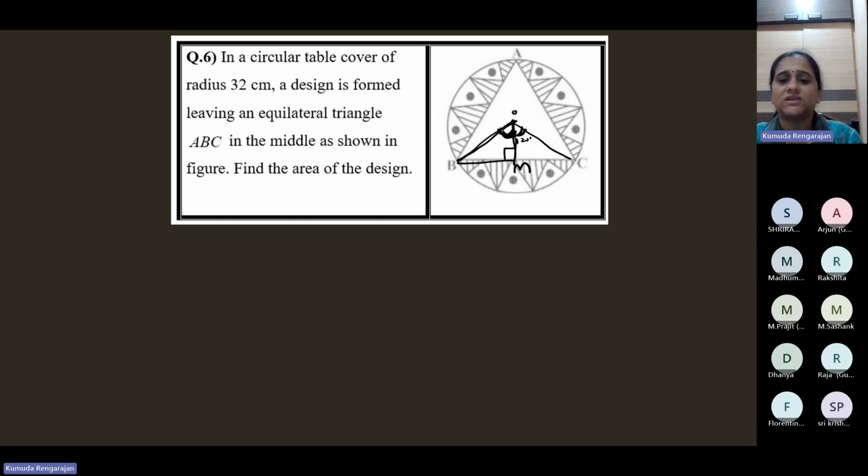This angle is 60 degrees and this one is 32. You need to connect 60 degrees, 32 and BM. For this angle, it's the opposite and hypotenuse. So sine 60 degrees is equal to opposite by hypotenuse. So you can find BM, double and get BC.